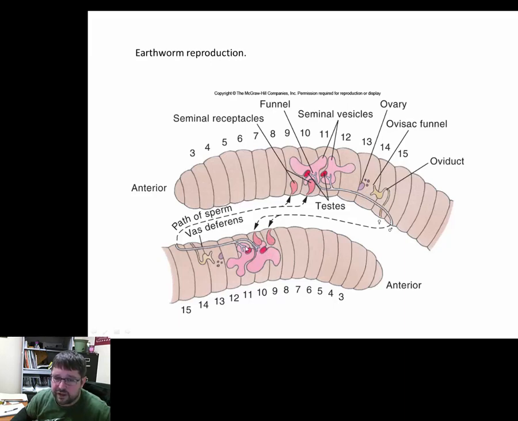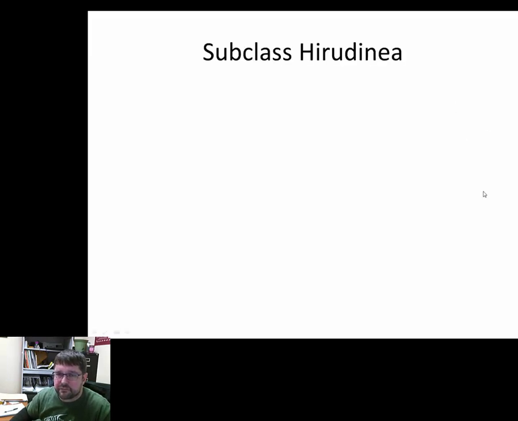The eggs are then fertilized, and then you get this passing of the eggs into the clitellum. This is the clitellum region, and that mucus will wrap the fertilized eggs, which will occur into a cocoon.